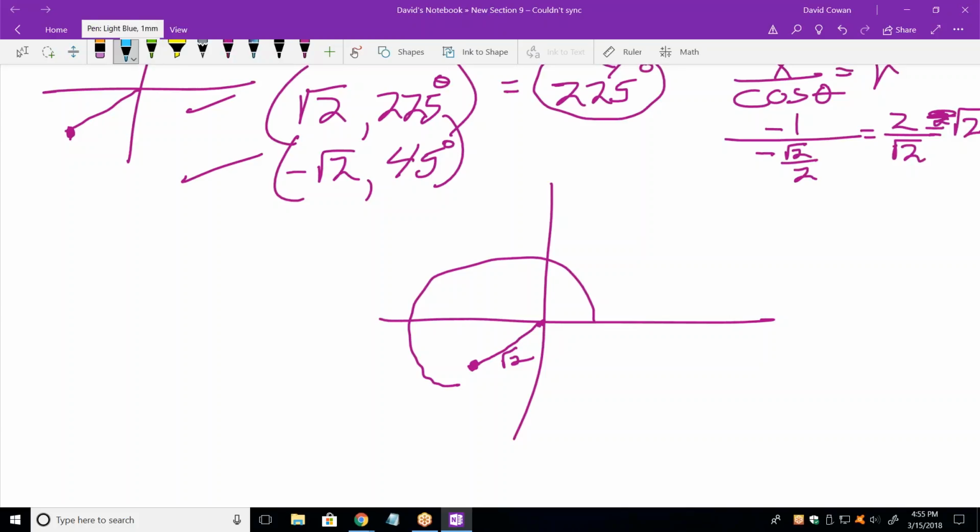This time I'm going up 45 degrees. I would normally be going that way, only r is negative, so I go the other direction. I start from the origin and go root 2 in the opposite direction of the way I would go if it was positive. So I end up right there also.